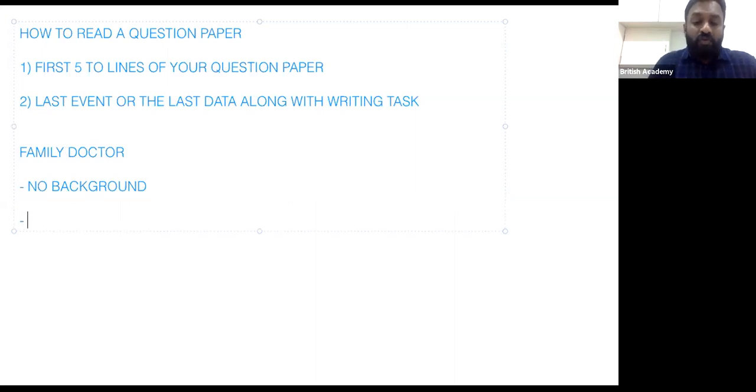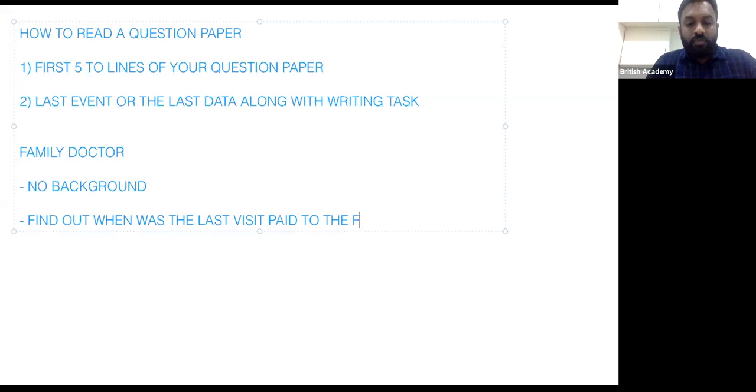Second thing, find out when the last visit to the family doctor was. This will make you clear: till there, no information is needed.